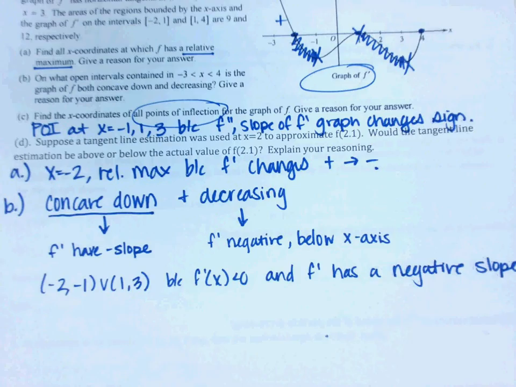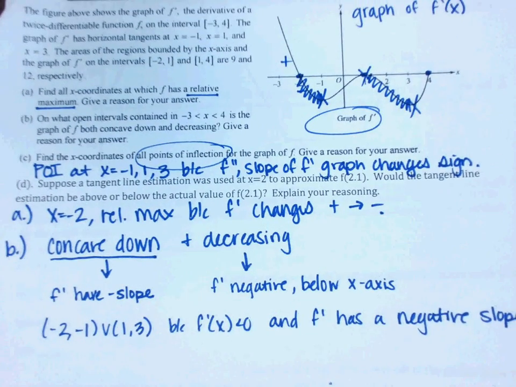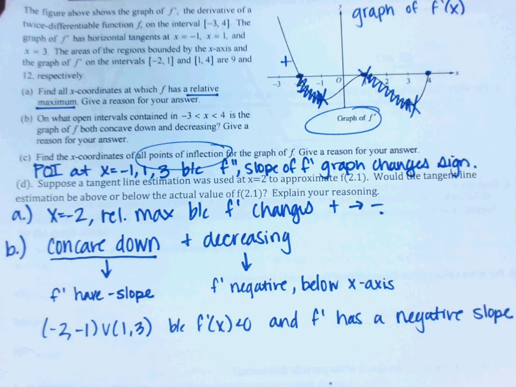What feature of the graph? Concavity. So, at 2, look at the graph. At 2, what's the slope? Negative. That means what's the concavity? Concave down. And where's the tangent line on a concave down graph? Above or below are your choices? Above. Okay, so let's write it out.